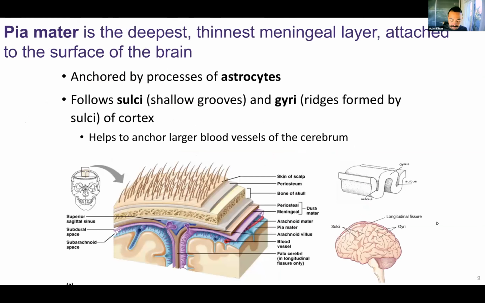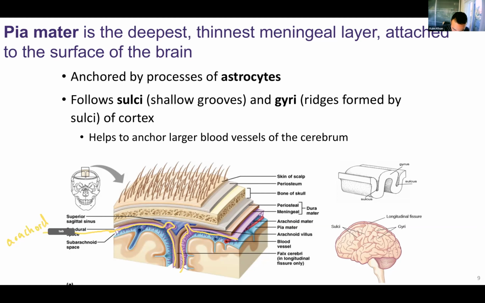The deepest layer, let me recolor in arachnoid. That here in yellow is arachnoid.